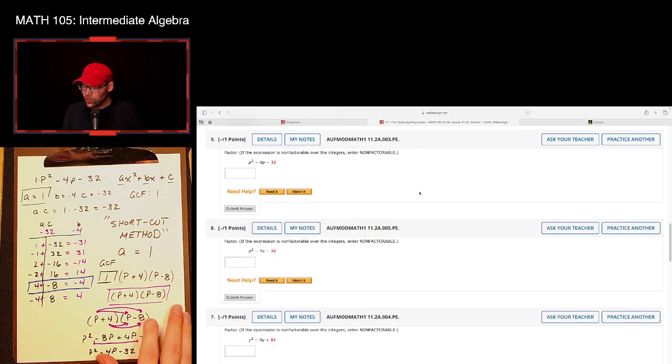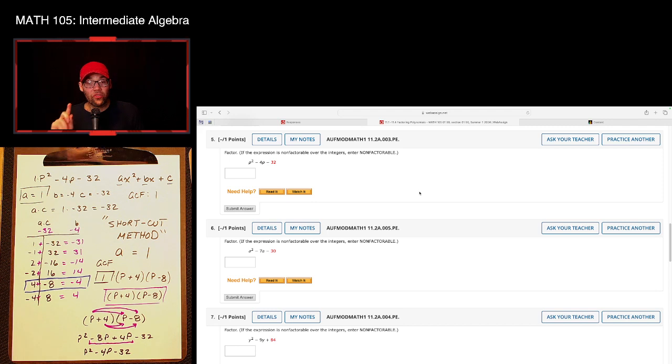So what I want to do now is show you the verbal method on how we could have found the exact same answer. We're still looking at number 5 here and just redoing the problem using this verbal method. For those that already know how to factor, this could be a very useful tool for you to find your factors even quicker.